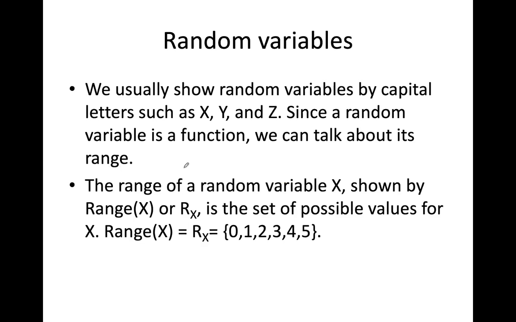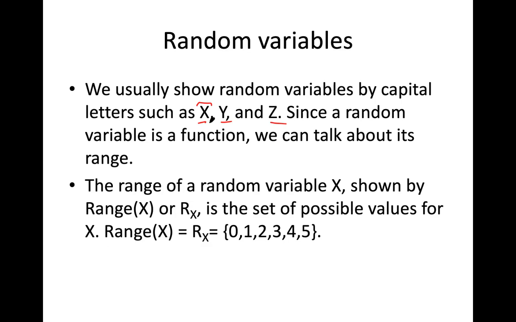So if you look at the books or different resources, you will see that random variables are represented with capital letters. Okay, X, Y, Z, something like that. So we will be talking about random variables, and usually they are represented with capital letters.